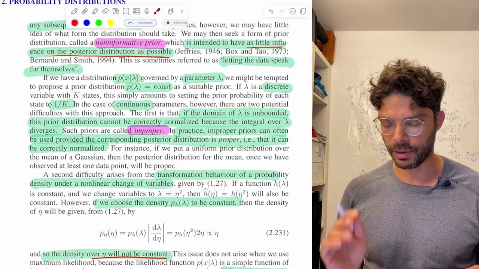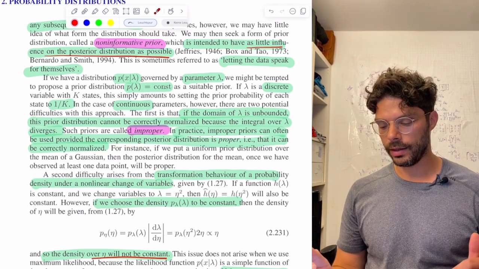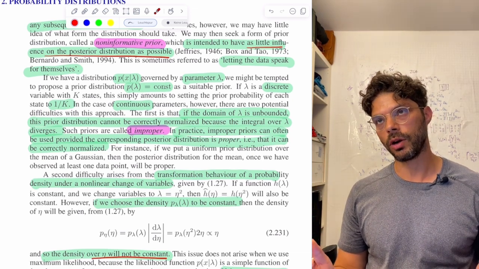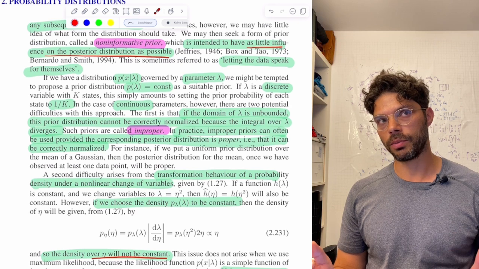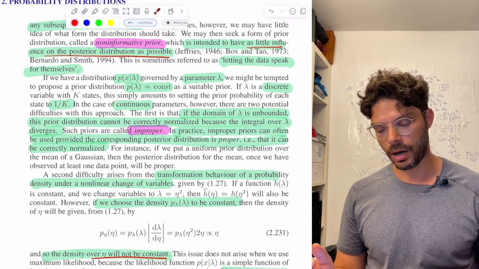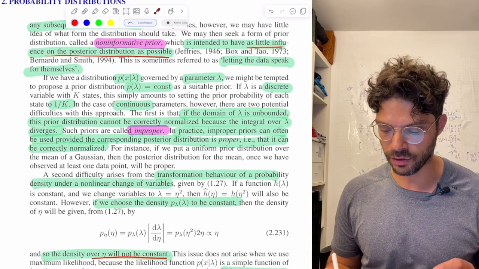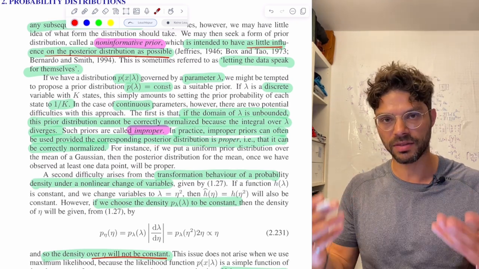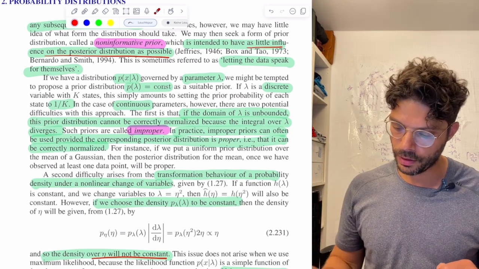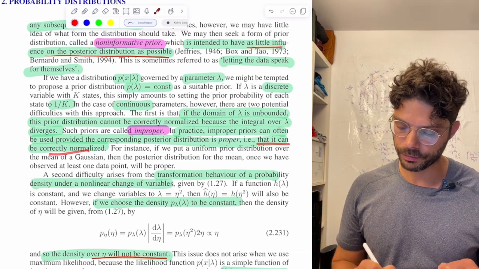In principle, I believe there are some cases where, despite that, you can still run into trouble because your prior is not proper, but at least a necessary condition is that your posterior is proper, that it can be correctly normalized.